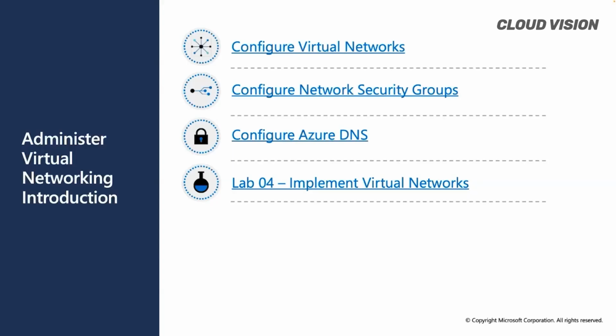let's get started. In the virtual networking element, we're going to talk about virtual network for sure, but then how we're going to secure those virtual networks, so we can use network security groups.